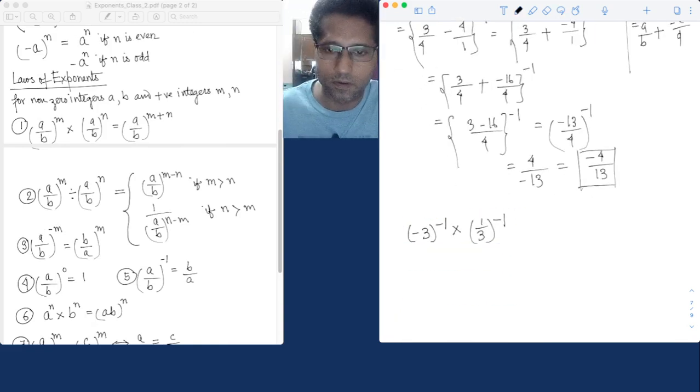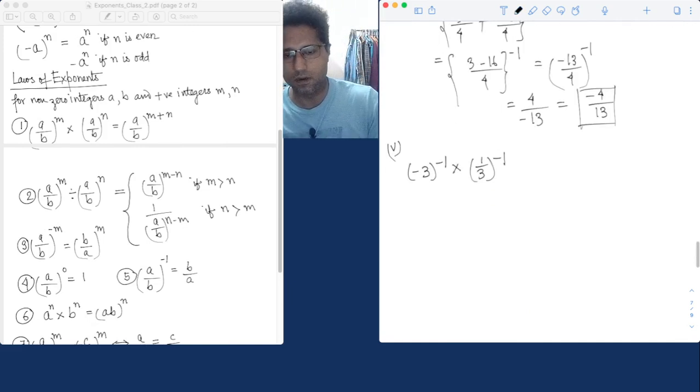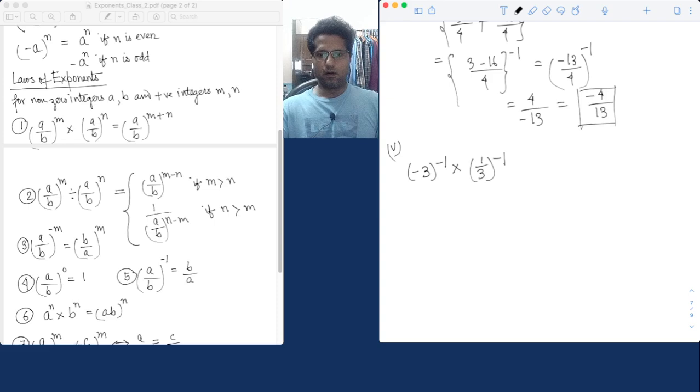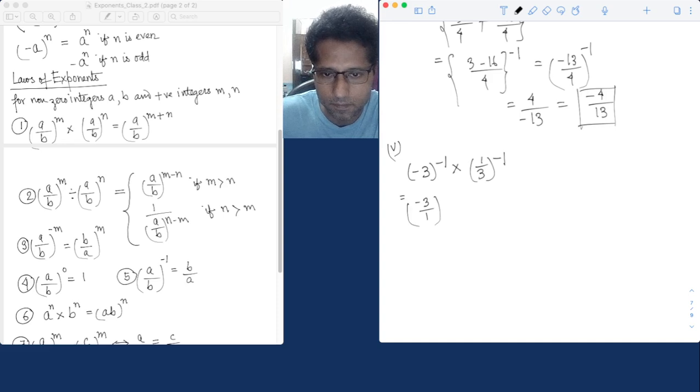Okay, part 5. So this is the product of two reciprocals basically. So we know that this is minus 3 by 1. Any integer can always be written in the rational form by giving the denominator as 1. So this is minus 3 by 1 to the power minus 1 multiplied by 1 by 3 to the power minus 1.